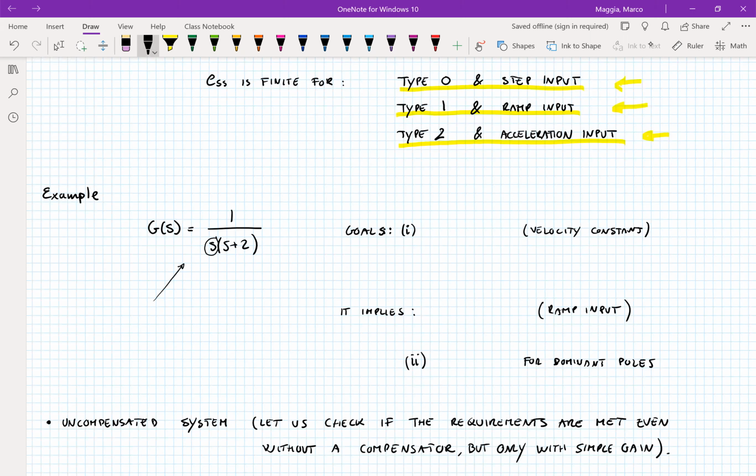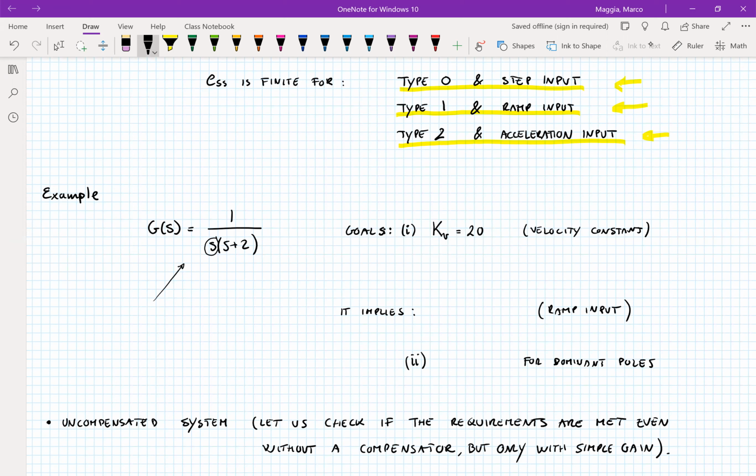Now we have 2 goals. We want a velocity constant equal to 20. So this is equivalent to saying we want a steady state error that is less than a certain value. Remember that when we studied the system type numbers, we talked about the position constant, the velocity constant, and the acceleration constant.